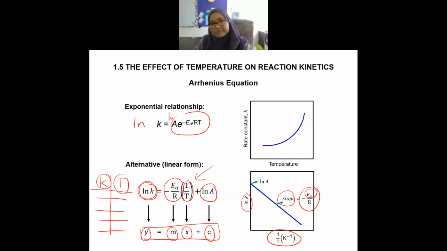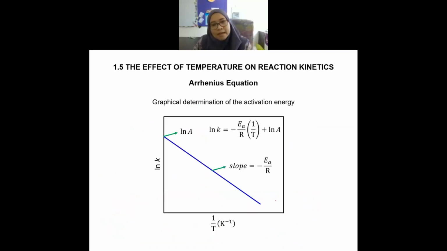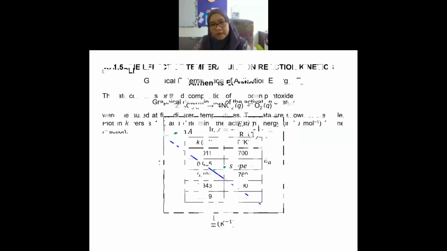Okay, alright. Inilah enhanced view of the graph just now, ln K versus 1 over T. So this is the formula that we will be using. Okay, so ln K is the Y, this is M, X plus C. Okay, so this EA over R with the negative sign represents the slope.